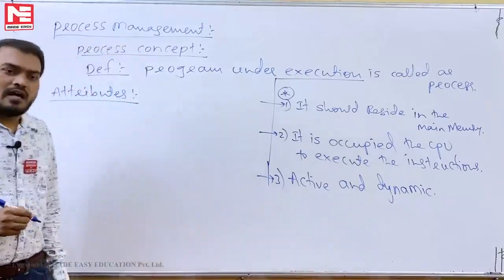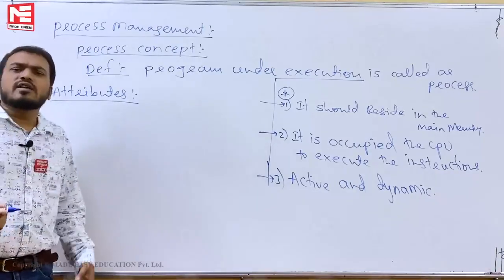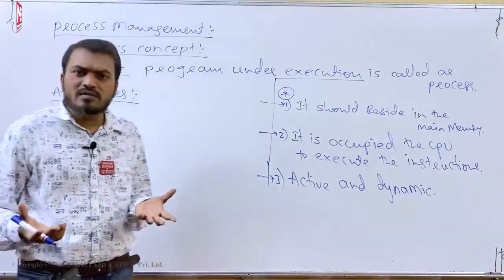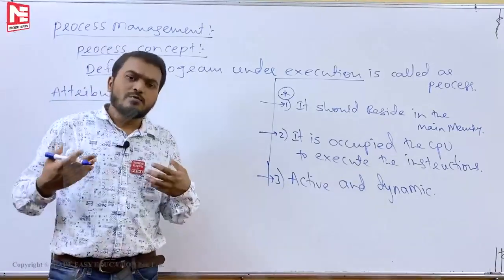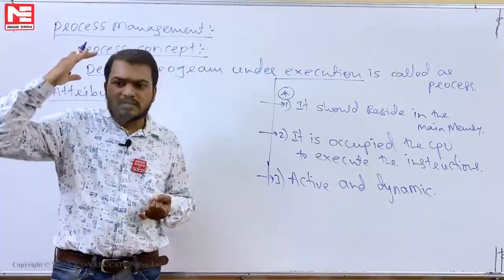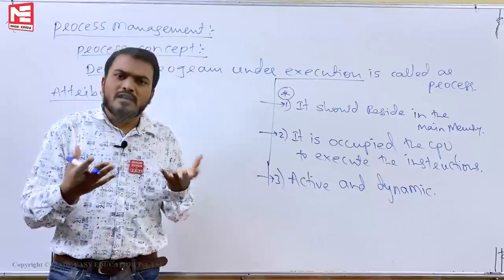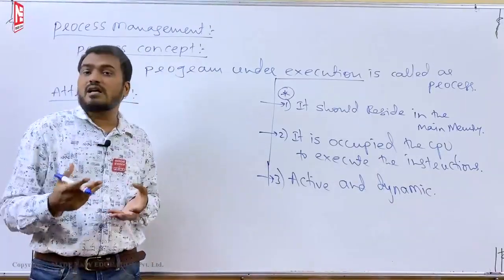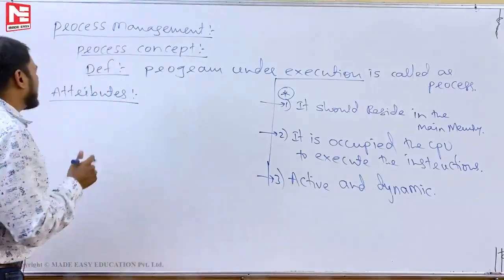It means you take anything, it will have some attributes. For example, as a human being, I have some attributes: my name, some height, some color. The same thing: any process will have various attributes. What attributes will the process have?